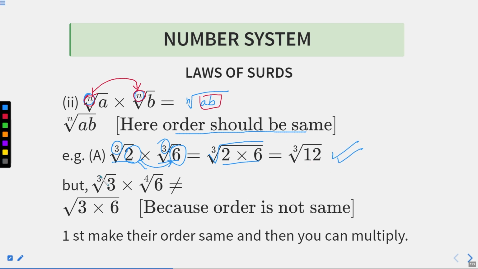Clear? But here, if you see, the orders are not equal. So the orders are not equal, so it is not equal to some root of some value times 6.